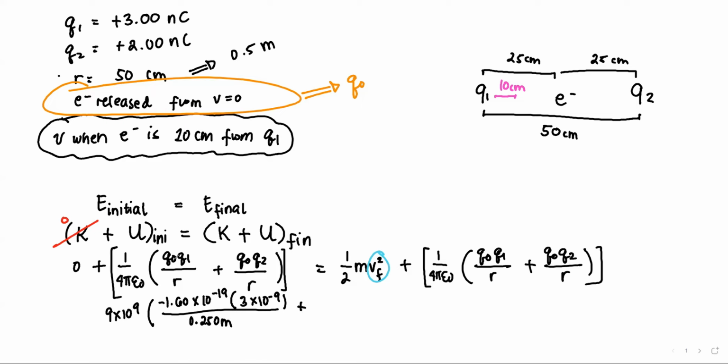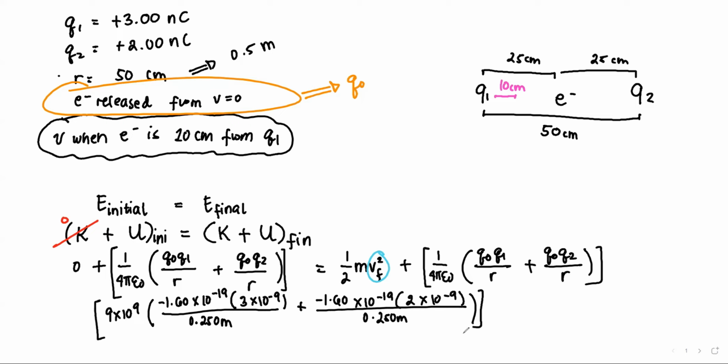And then plus your Q naught, again, negative 1.6 times 10 raised to negative 19, multiplied to your Q2, which is 2 nano, divided by, from E to Q2, that's 25 cm again, 0.250 m. Okay, that's this and that.